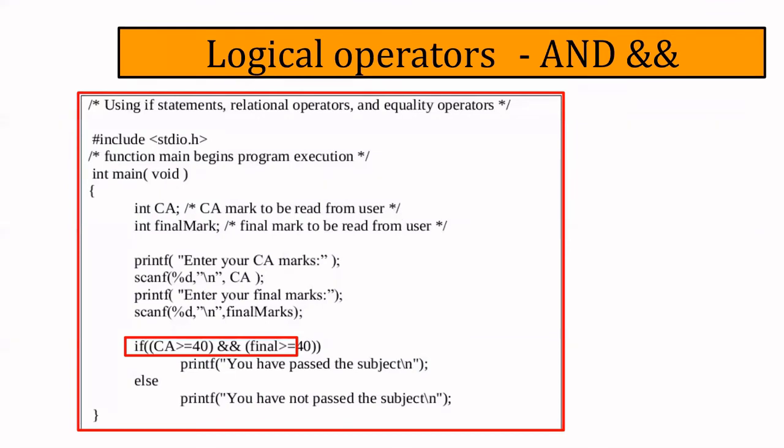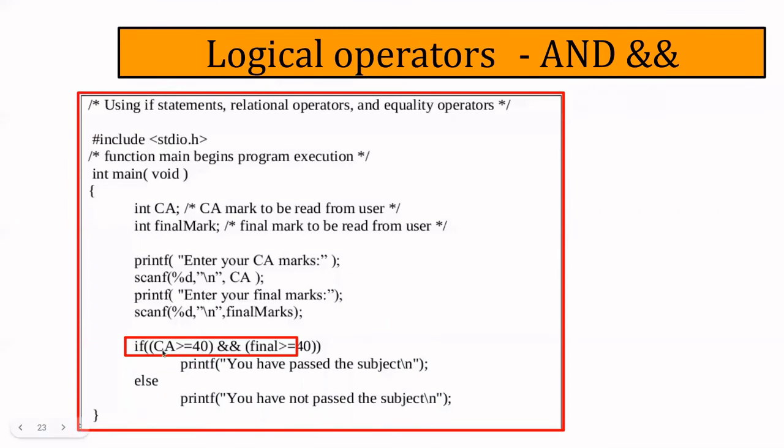Here you can see CA marks and final marks. To pass the subject, you have to pass both the CA marks and the final marks. If CA marks greater than or equal to 40 and final marks greater than or equal to 40, then printf you have passed the subject. Else you have not passed the subject.